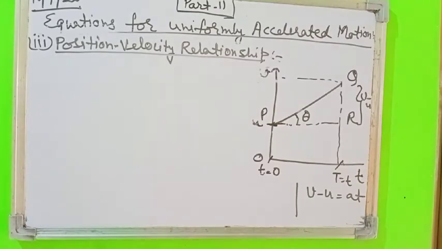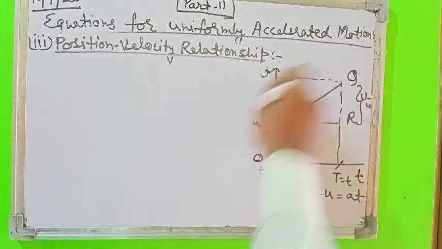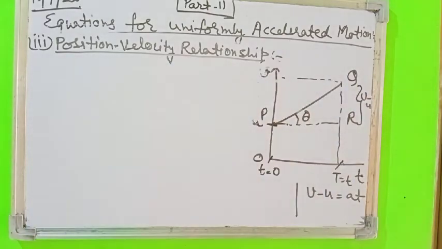In the position velocity relationship, you have to find the area of this trapezium.